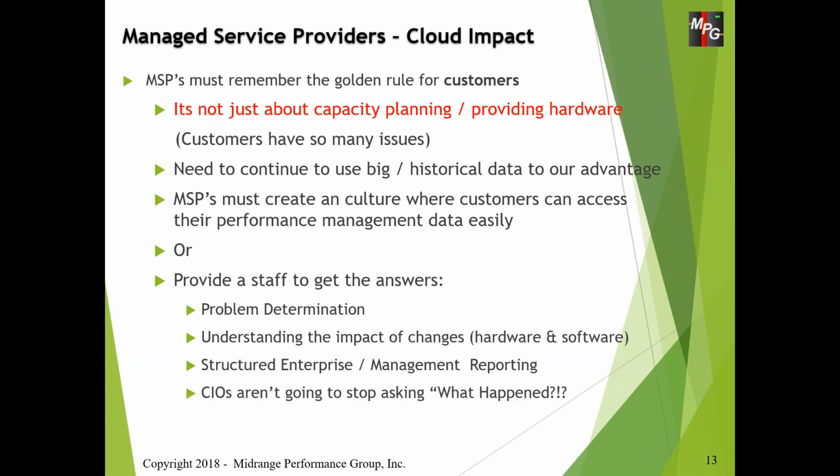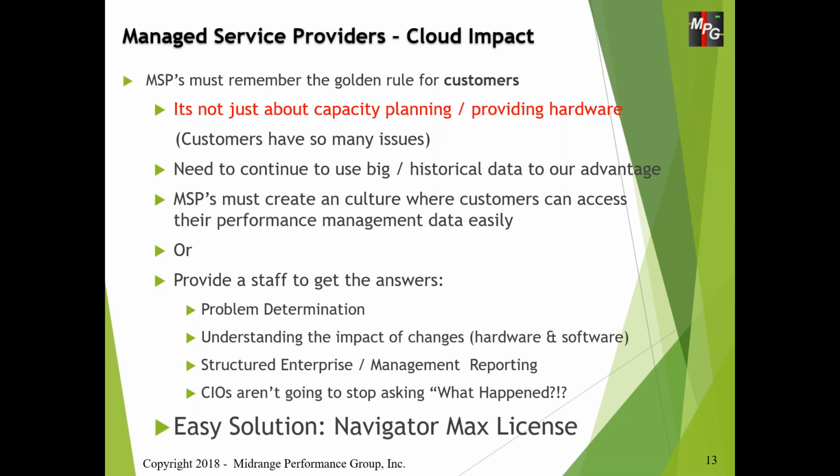And so my point is this: CIOs, they're not going to stop asking the question, what happened, right? Again, we went from local to distributed, now to cloud, right? So everything is still going to be the same, and CIOs are going to come in and go to their team and say, Mayday, what happened?